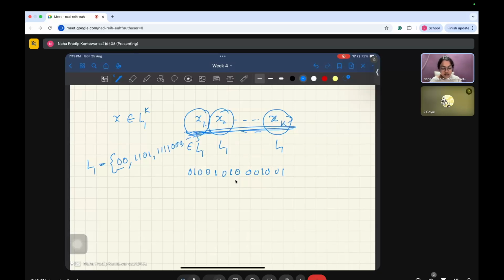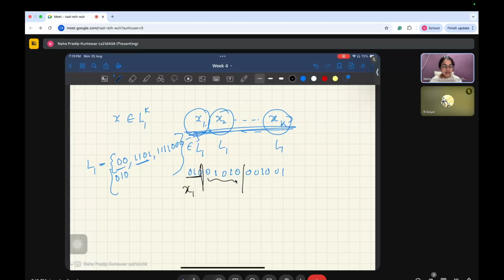So the input lengths of the strings in the language could be very different. For example, if I include this 0 1 0, then this could be my x1, and so on. So I'll have to find out what is the correct partition.